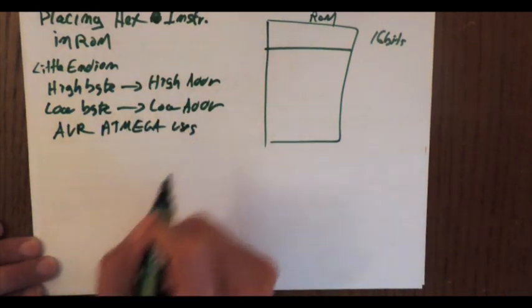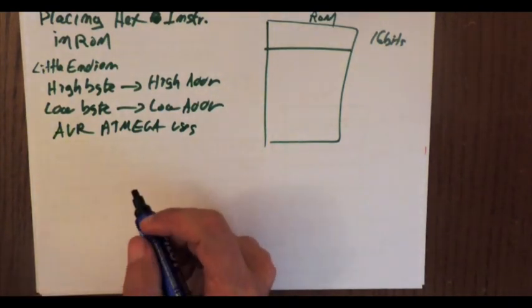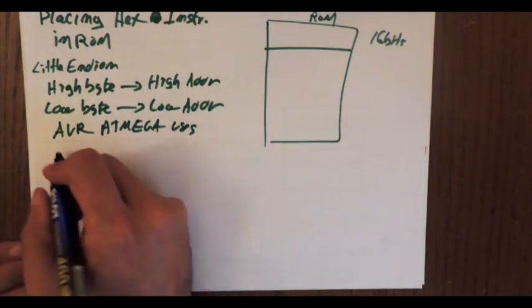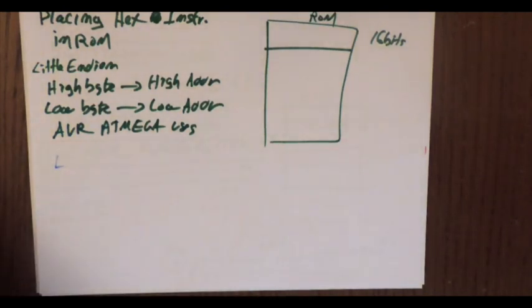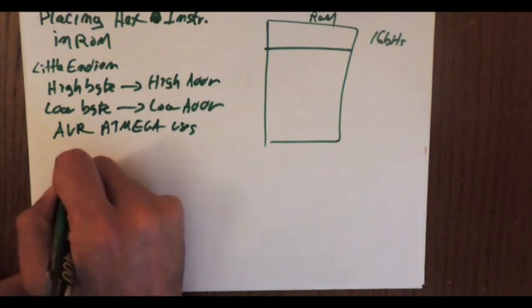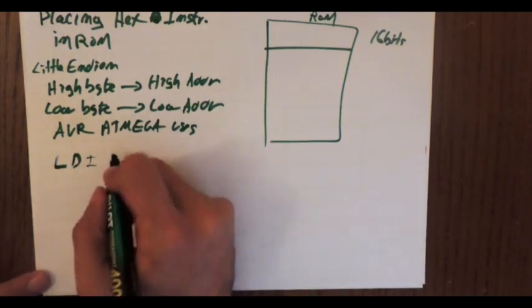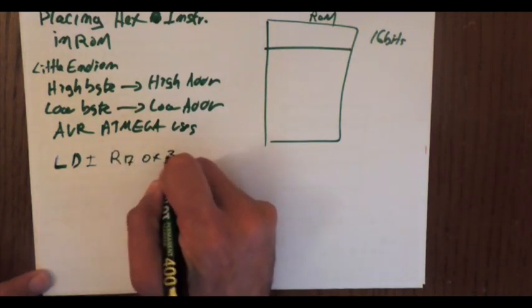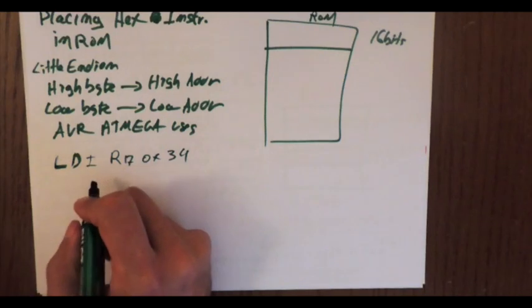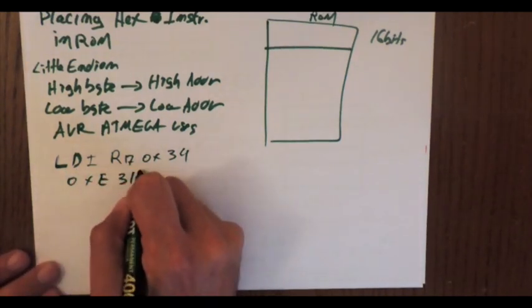So let's say I have, for example, an instruction, let's say LDI. The first one we did is LDI R17, 0x34. So this will be 0xE314.